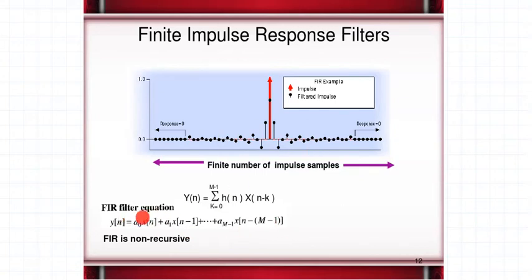It means the output is not dependent on any past output value. Output only depends on present and past inputs. If such is the case, you call the filter a non-recursive filter. So FIR filters are basically non-recursive filters, and this is the governing equation of an FIR filter.